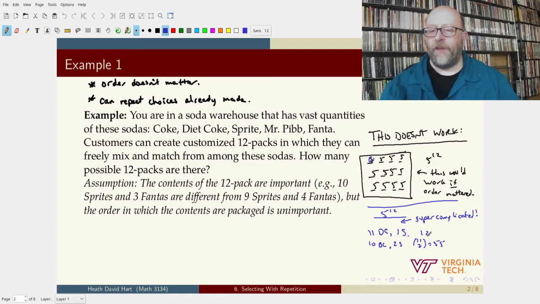And so the number that we have to divide by depends on the particular case we've chosen. And if instead of having 10 Diet Cokes and 2 Sprites, I had 10 Diet Cokes and 1 Sprite and 1 Mr. Pibb, then I have to think about the arrangements. Does it matter whether the Sprite goes in this spot and the Pibb goes in this spot, or the other way around? And it turns out that we would have to divide for that as well.